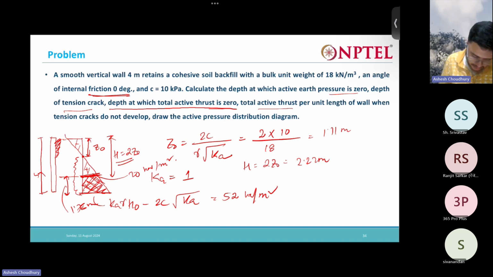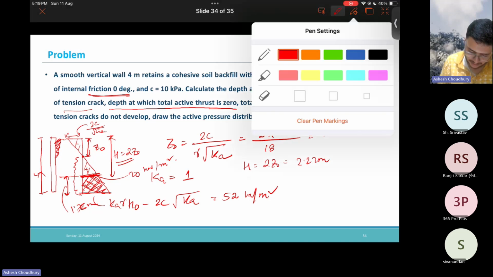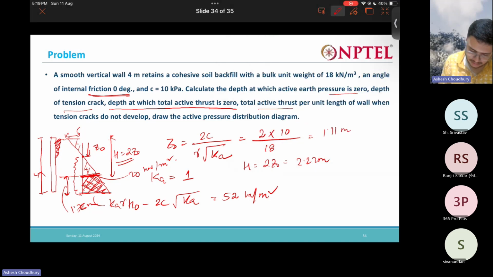And this one is, I think, twice c by root over k. Oh no, sorry, what am I writing? Sorry, this is twice c root over k. That's why you are getting it as 20 Newton per meter square.